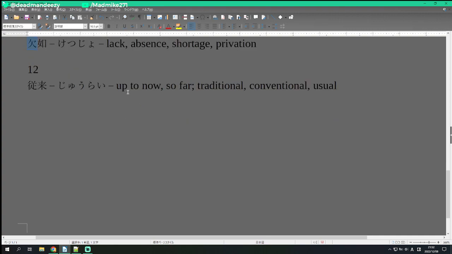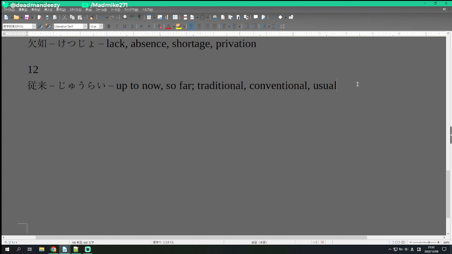And finally, number 12 is Judai. Ju on the left side, kind of for following orders or obeying, and Rai on the right side for coming. So it's kind of following and coming to now, meaning up to now, so far, or traditional, conventional, meaning following tradition as it has come to now.